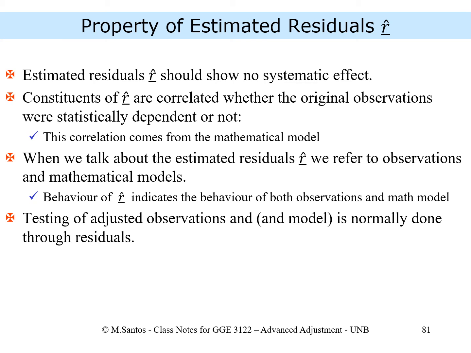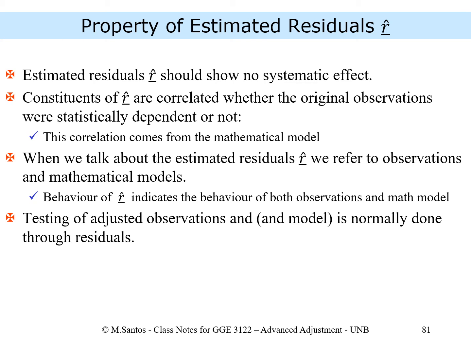It is somehow obvious, because if we treat the observations for systematic effects before the adjustment and take away blunders and everything, we should only expect to have random errors, random variation in the residuals.